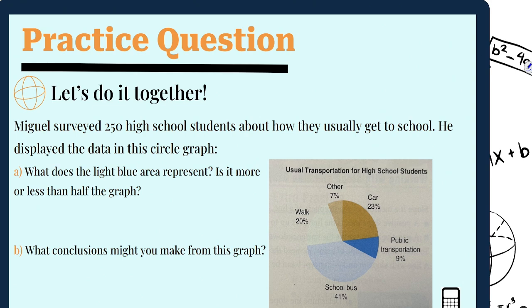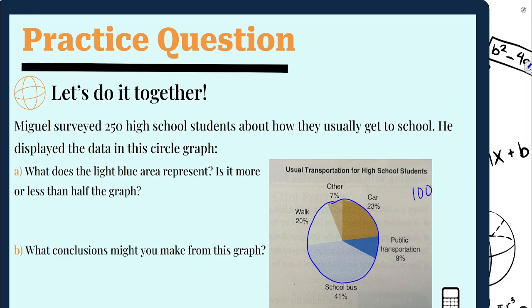The question says he displayed the data in this circle graph, and it asks, what does the light blue area represent? What you want to do is look at the circle as a whole, and it would represent 100%. If it's a whole, it's 100.